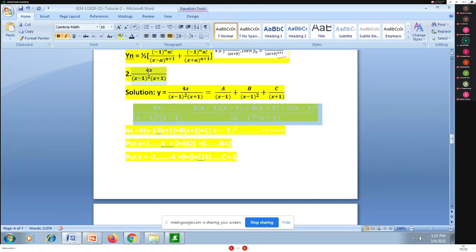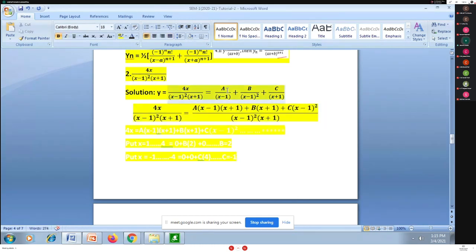For the right hand side, I'll adjust the denominator. I require the denominator to be x minus 1 bracket square into x plus 1. According to that, I am multiplying and dividing the coefficients in the first, second and third terms. I already have x minus 1 in the first term, so I need to multiply by x minus 1 into x plus 1 so that I have this common denominator.